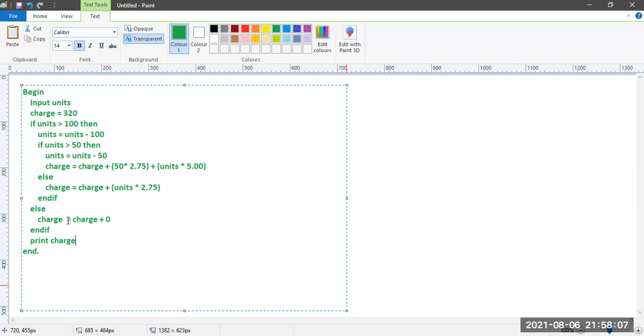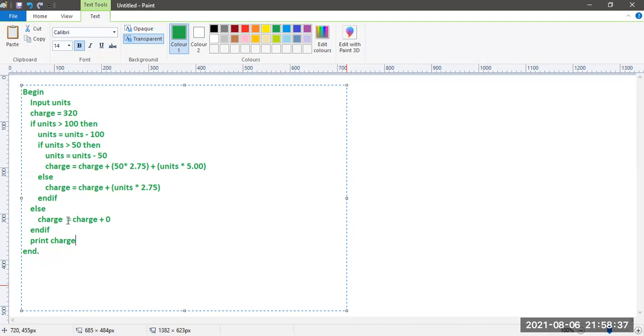So what is happening in this program is this. You start the program and input the units. Automatically the charge of 320 will be charged as the basic charge. If the units are greater than 100, you reduce 100 from that, and the balance will be the additional amount he has used.